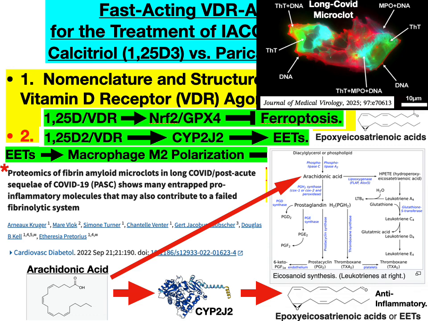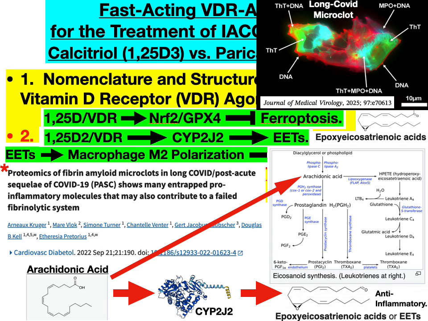In contrast to these pro-inflammatory pathways, there is a key anti-inflammatory pathway which is mediated in part by this key enzyme, CYP2J2, which epoxygenates the arachidonic acid, forming EETs, which are anti-inflammatory. How does that pertain to long COVID?